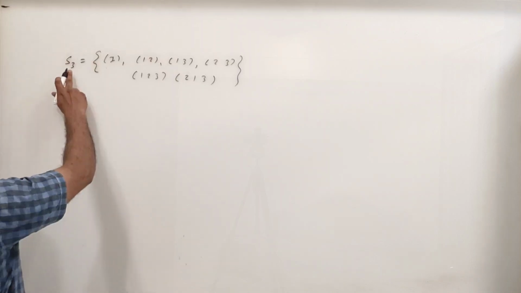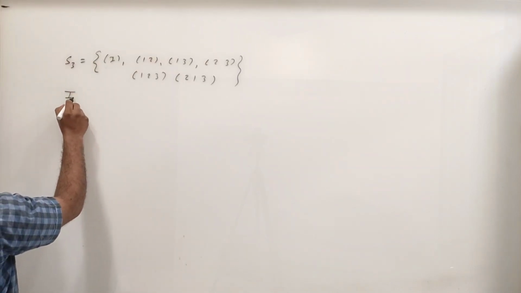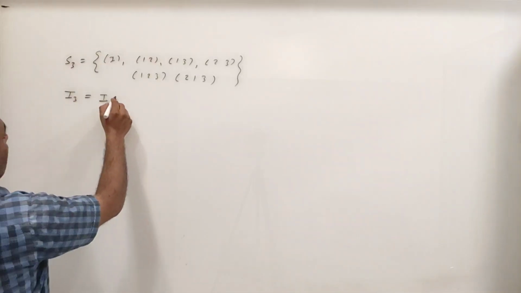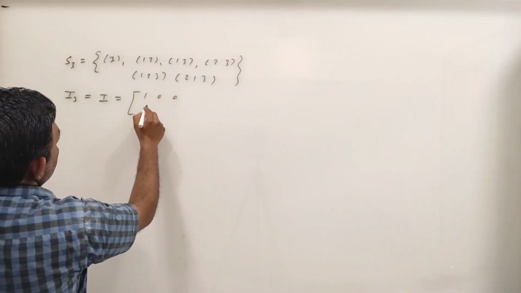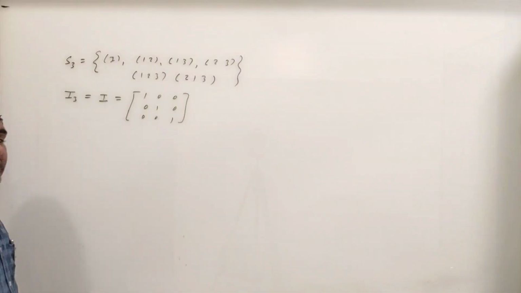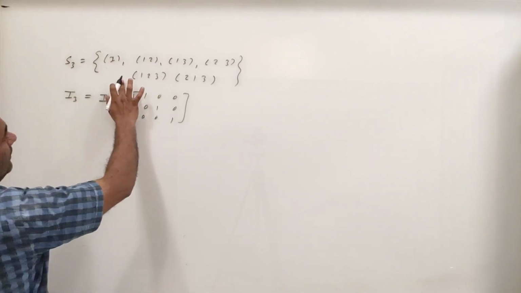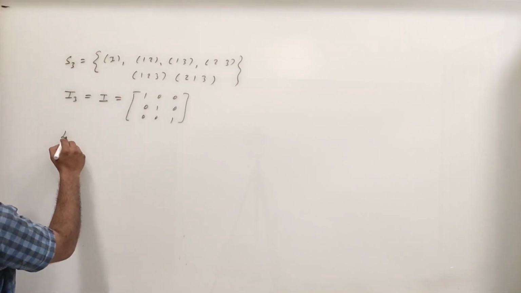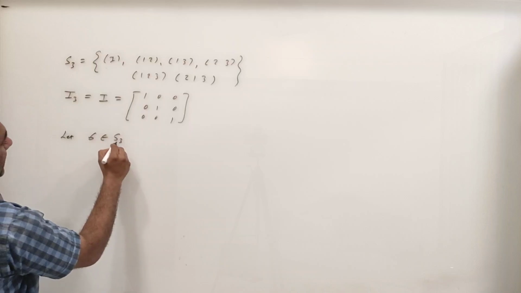Now here I have 3, so I will consider the identity matrix of order 3 by 3, and denote it by I also. So I is 1 0 0, 0 1 0, 0 0 1. Now you consider one element from S3. So let sigma belong to S3.